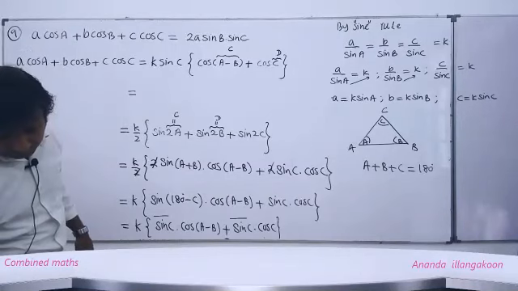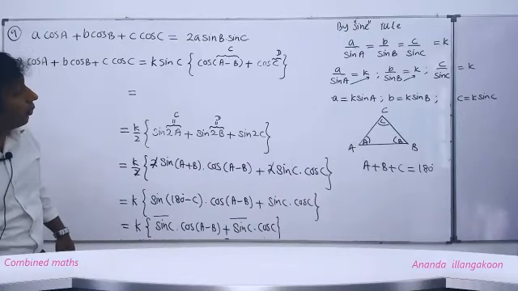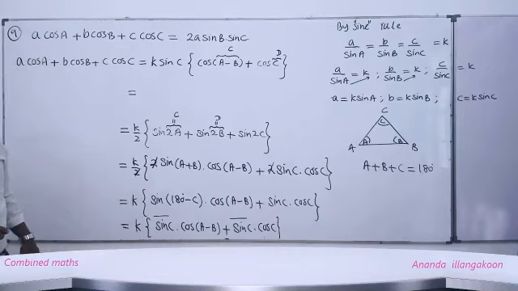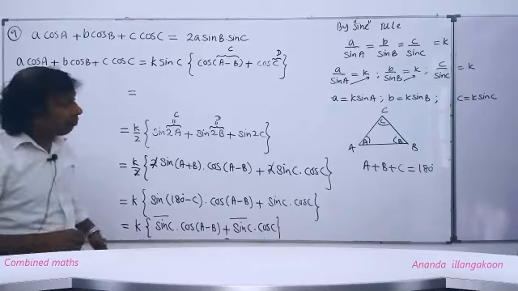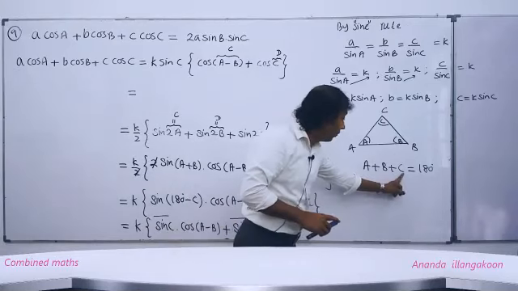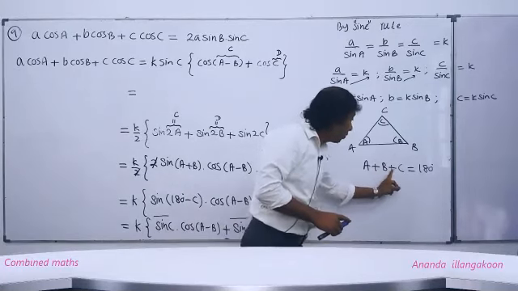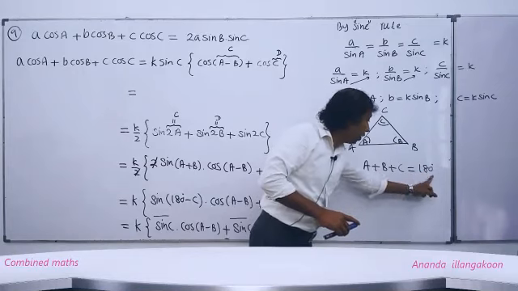Right. Okay, then I'm going to do another little rearrangement here. There you have cos (A minus B) plus cos C, no? That angle C we can replace by subjecting C here. Taking this A plus B to the right hand side, C is equal to 180 minus (A plus B), no?